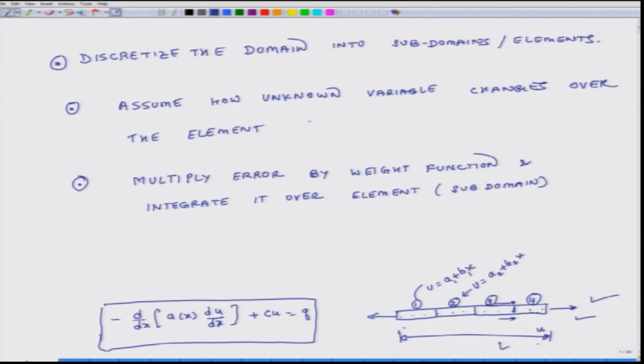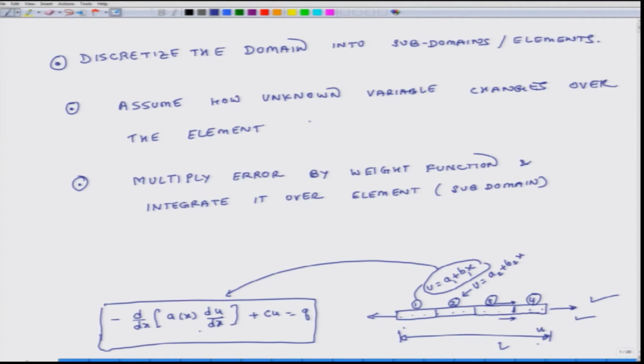Then the third step is we plug this in this equation, and once we plug it, if the solution is really true and exact, the left hand and the right hand side will be same. But because this is an approximate solution, the left hand and the right side will not be same, which means that there will be a difference in the values of left side and right side, and that difference is called error.